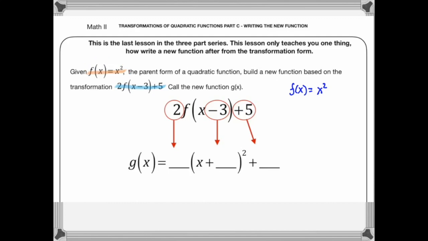Okay, so the first thing that it tells us to do is take the function and multiply it by 2. And so this is what we're doing right here. I'm going to write this out here, and I multiply that by 2 on both sides, and you can see that, as a shortcut, I put the 2 in front of the parentheses to form g of x.